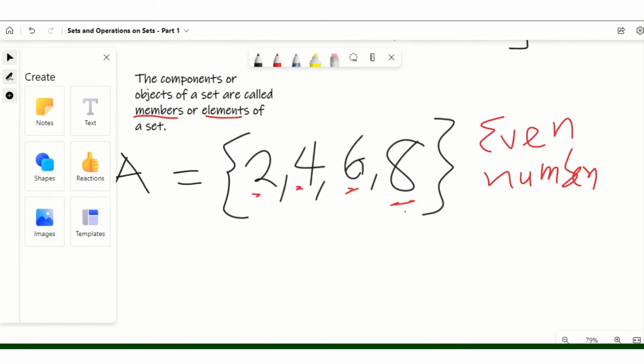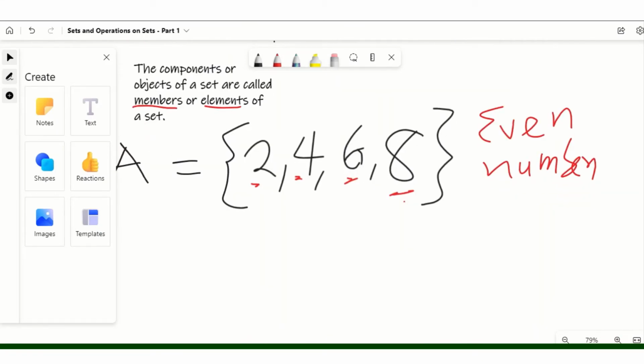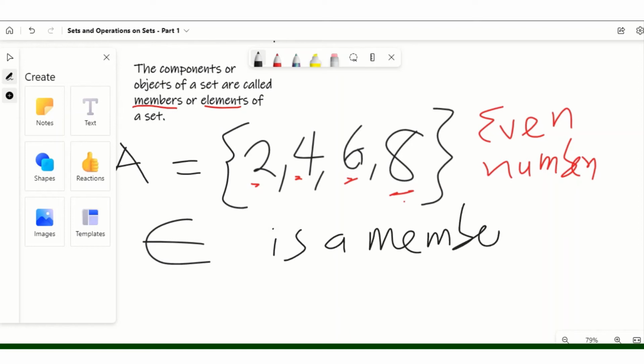Okay, so the other symbol that we want to introduce is this symbol. Let me write it well. It goes like this and like this. It simply means "is a member of." That's the meaning of that symbol.